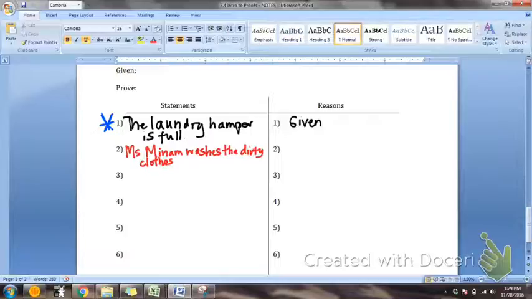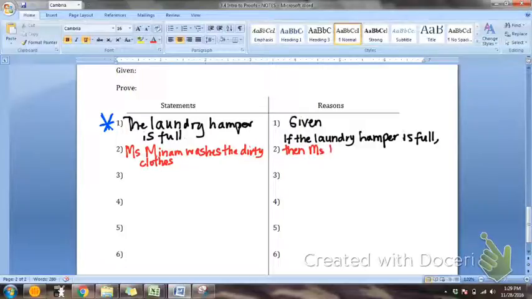Reason number 2 is going to say, if, we use the if and then over here, if the laundry hamper is full, then Miss Miriam washes the dirty clothes.